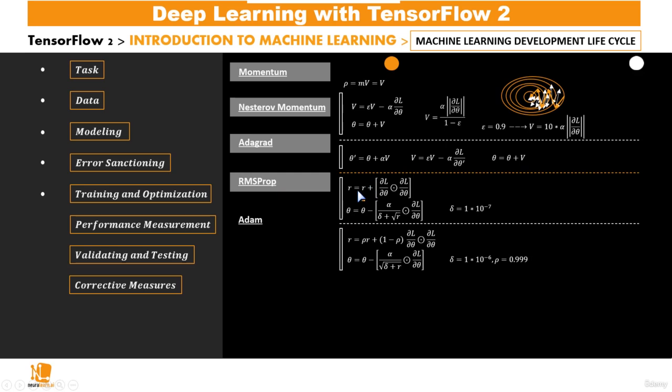So with Adagrad, for example, we keep on adding this to R. As we go on with the algorithm, we continue adding up these R's, and that's what affects the learning rate in the gradient descent step. Whereas here we have this quantity rho, which modifies the reliance on past partial derivatives to affect the learning rate at a given gradient descent instance. And the RMSprop optimization algorithm happens to be one of the most used algorithms in deep learning.